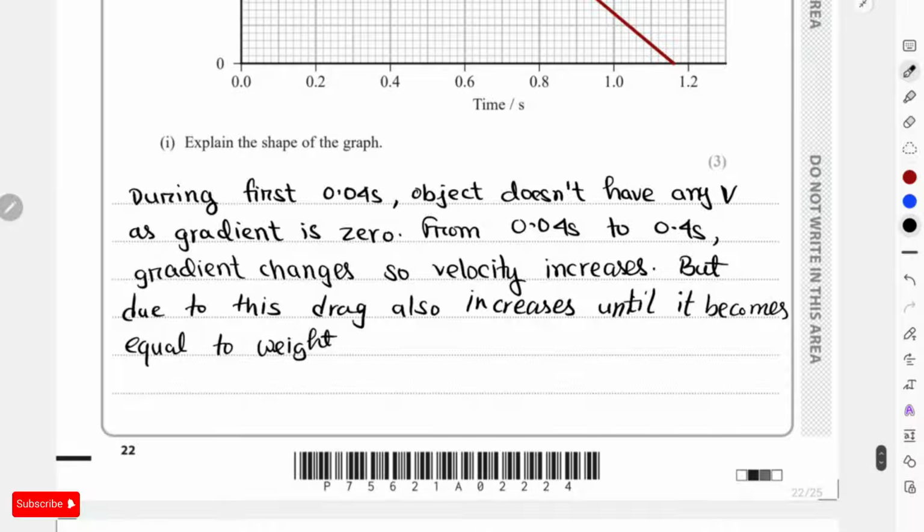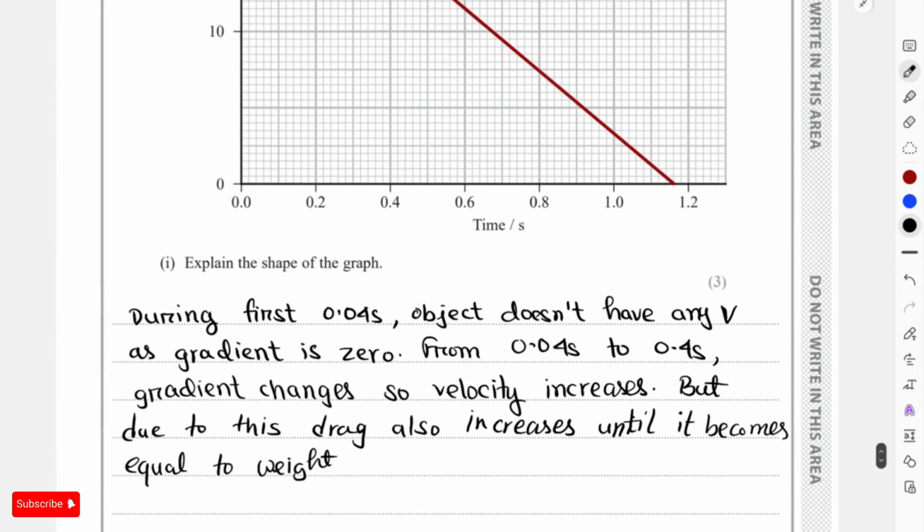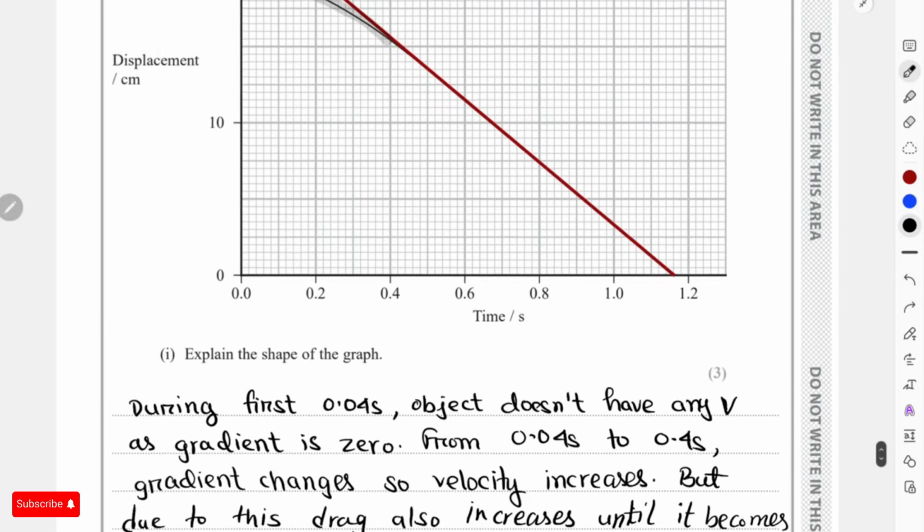Until it becomes equal to the weight, where all the forces are now balanced, the object will certainly move with terminal velocity, right? That's why from 0.4 to like 1.15, we can see it, this object will now move with a constant gradient.